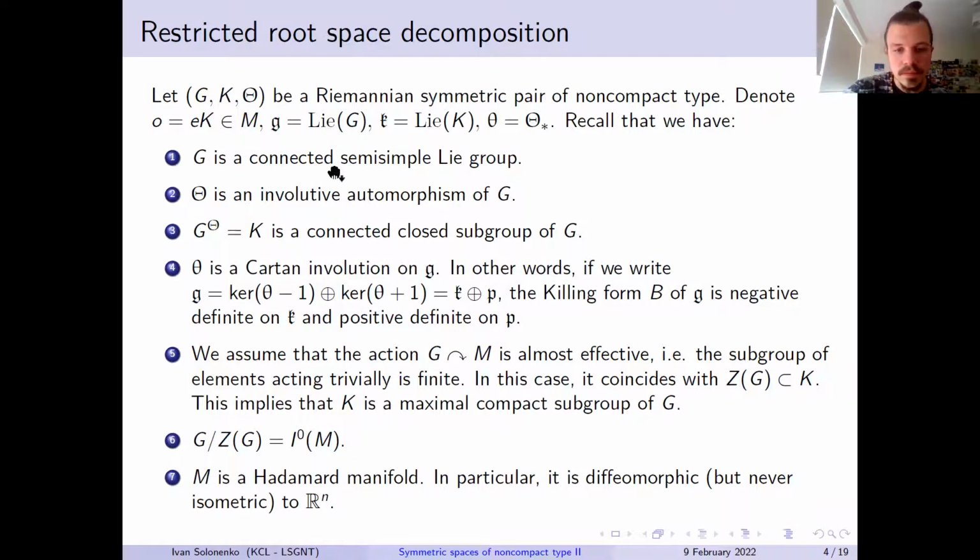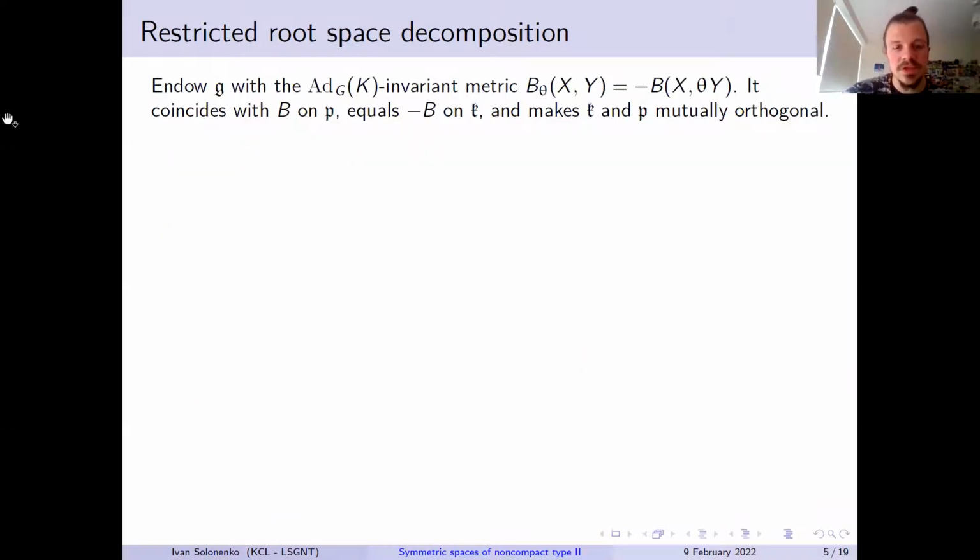Okay, let's go next. So now we endow our 𝔤 with a K-invariant inner product, B theta, given by this formula. It coincides with the Killing form on 𝔭, and is positive definite there. But it's minus the Killing form on 𝔨, and 𝔨 and 𝔭, the summands of the Cartan decomposition, are mutually orthogonal with respect to this inner product.